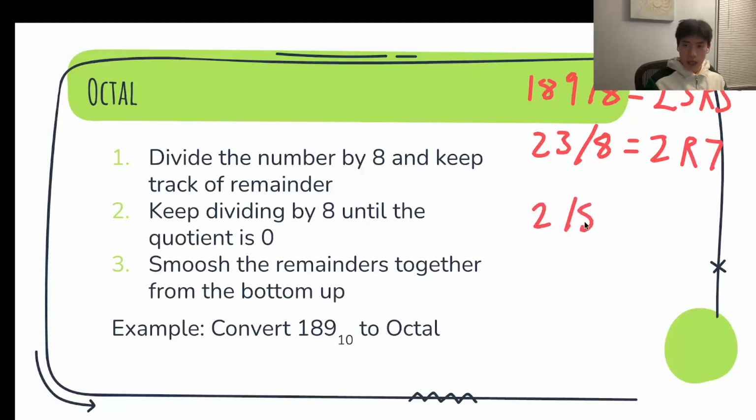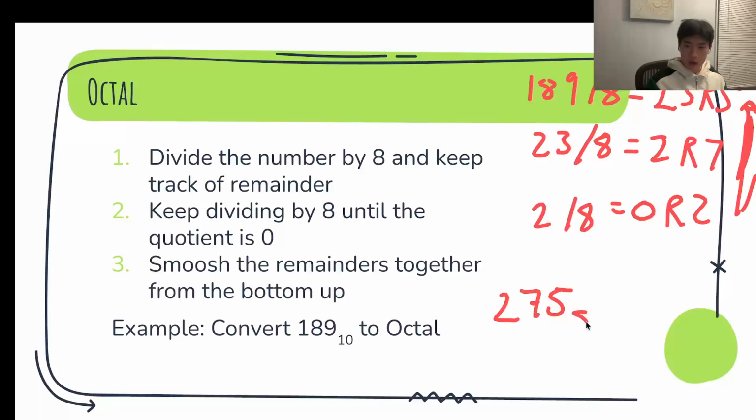And 2 divided by 8 is equal to 0 remainder 2. So going from the bottom up, we get 275 in octal. And again, my arithmetic may be a little bit spotty, so definitely correct me in the comments down below.